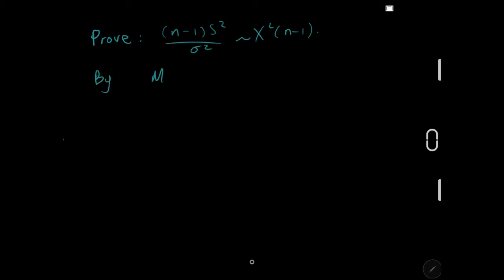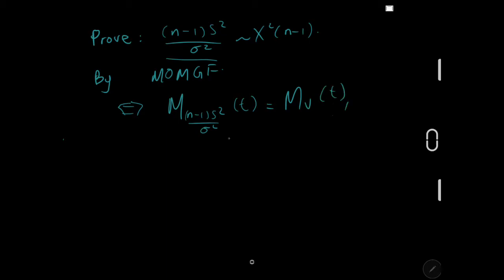So if we are proving, using the setup that we had before, that n minus 1 s squared over sigma squared is chi-squared with n minus 1 degrees of freedom by the method of moment generating functions, this is equivalent to saying that the MGF of n minus 1 s squared over sigma squared at t is equal to the moment generating function for v, where v is some chi-squared with n minus 1 degrees of freedom.